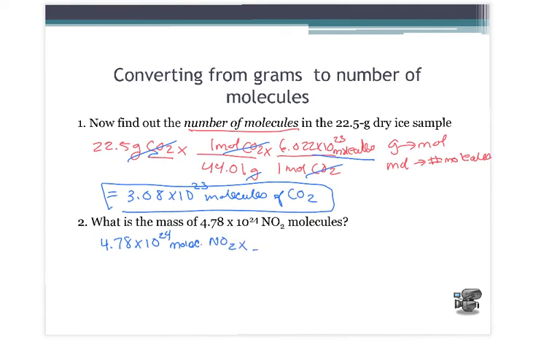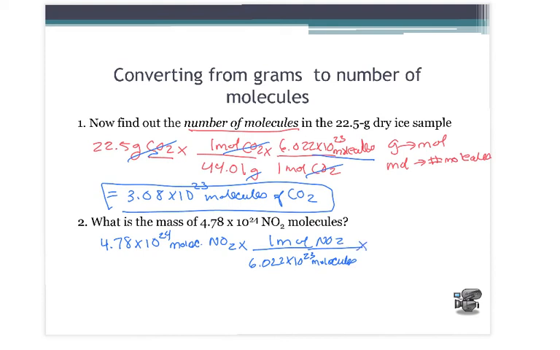Now we can't go from the number of molecules directly to grams. We don't have a conversion factor from that. But we can go from the number of molecules to the number of moles. So we have 6.022 times 10 to the 23rd molecules per 1 mole of NO2.